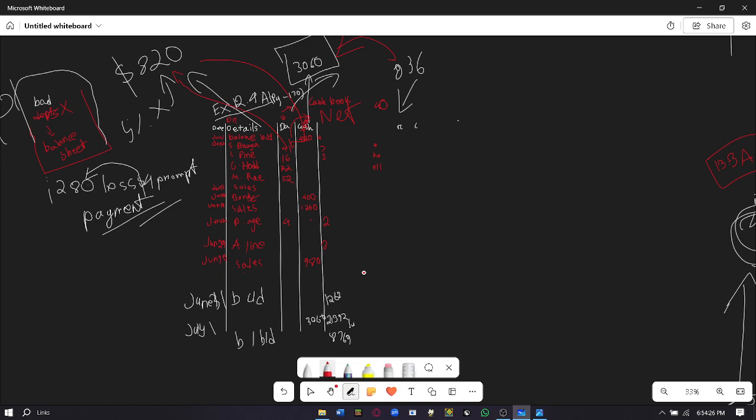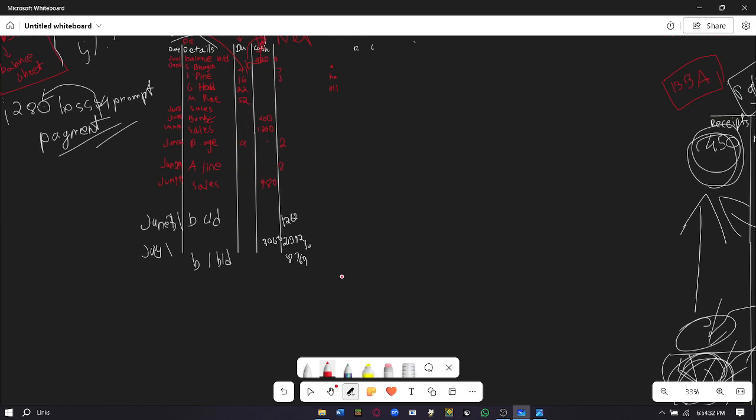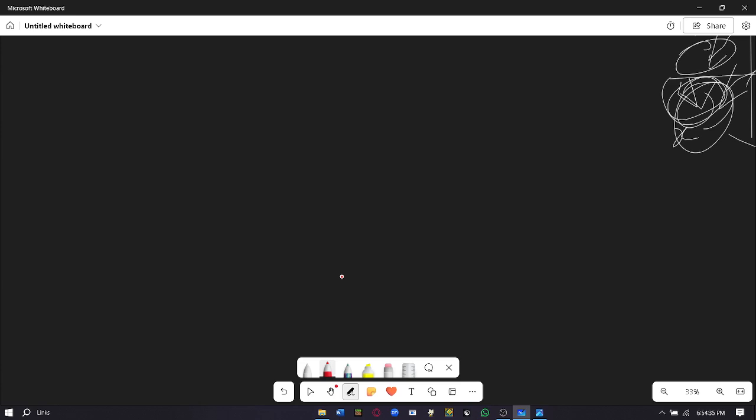Oh yeah, there's also contra. I should have explained contra. So what contra is, in a cash book, say we are taking cash from the bank. So our bank value reduces, but our cash value increases. So on the debit side of our cash book, the cash part increases, and on the credit side, our bank value decreases.